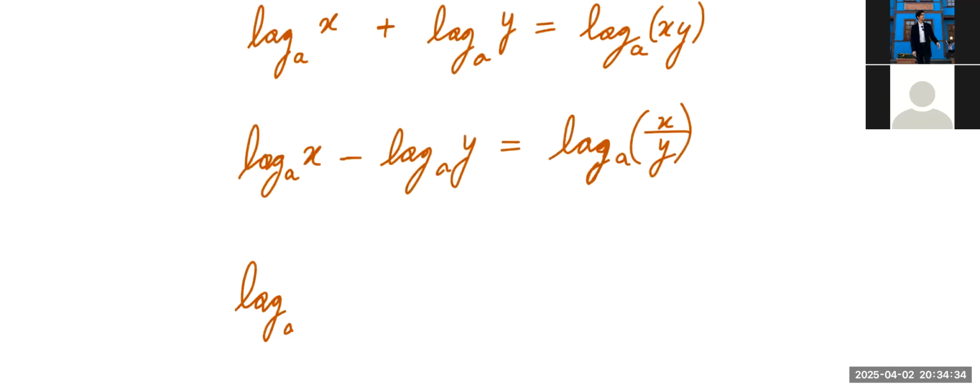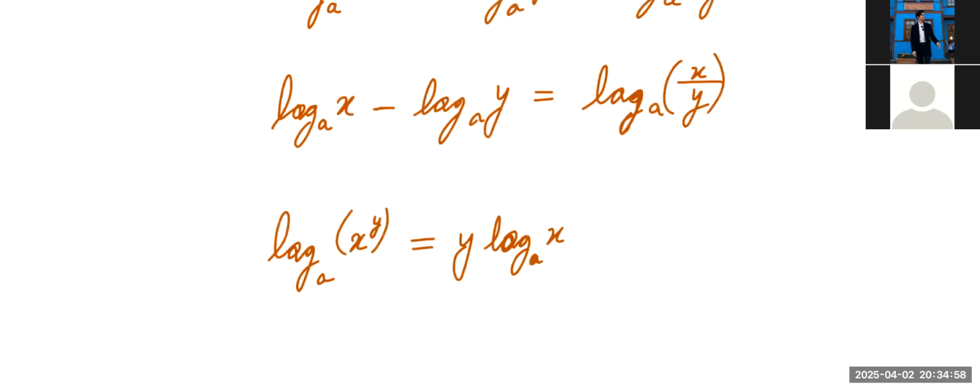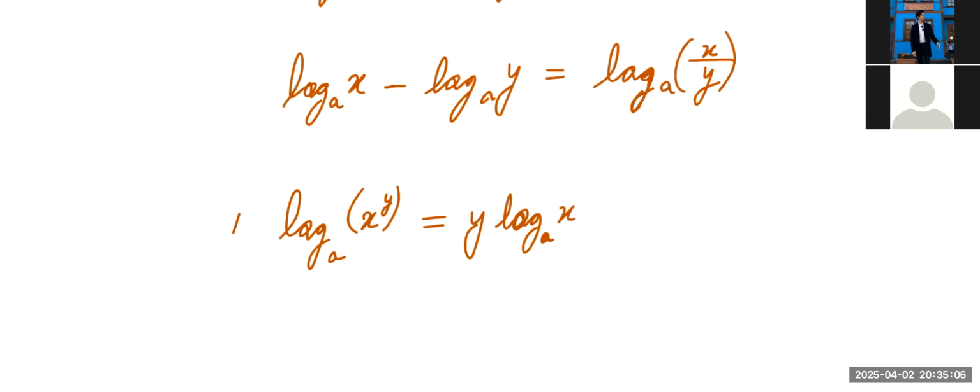If you have a log of any base, doesn't matter, and you have something in the log and that thing has a power on it, so the thing inside the log has a power on top of it, that power can jump out and become the coefficient of the log, like this. It literally just jumps out and becomes the coefficient instead. Remember, both ways, okay? This can also convert into that. Super important. This one might be one of the most important things for something I'm about to show you in a bit.